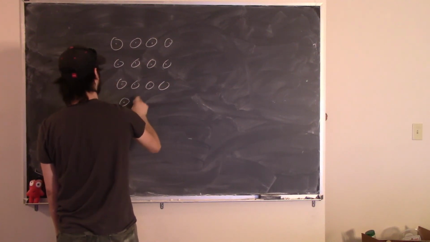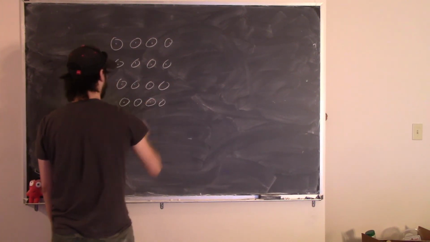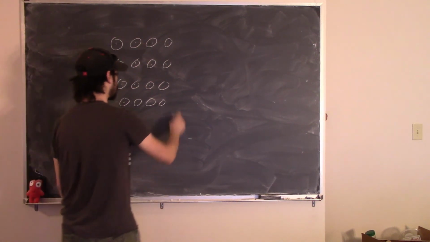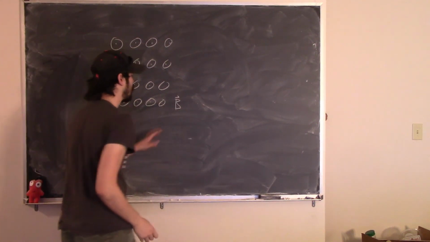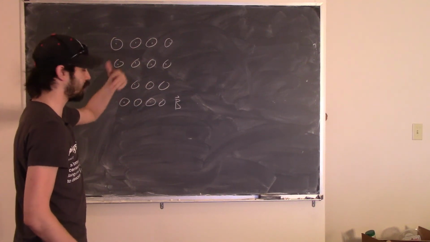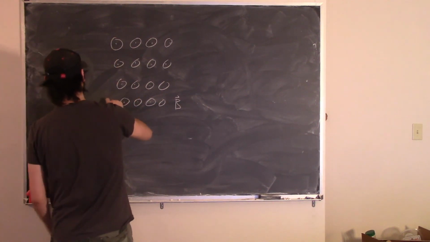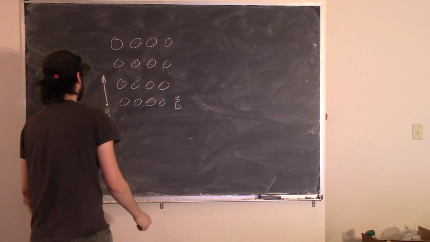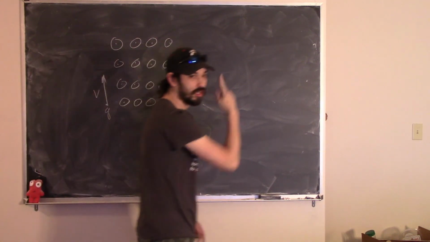And just so this is 4x4, there's some symmetry here. This is my magnetic field. Sorry, I don't know if I said magnetic force. My magnetic field is pointing out like this. And we have some particle with some charge Q that's going to be moving with some velocity v, and this is going to be going up.